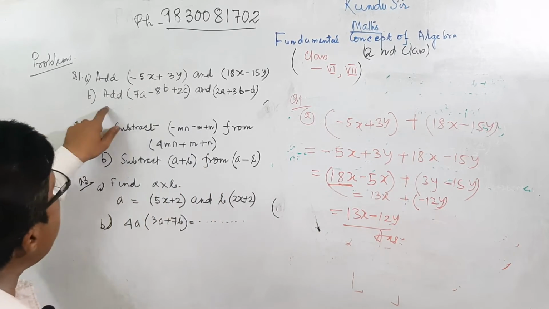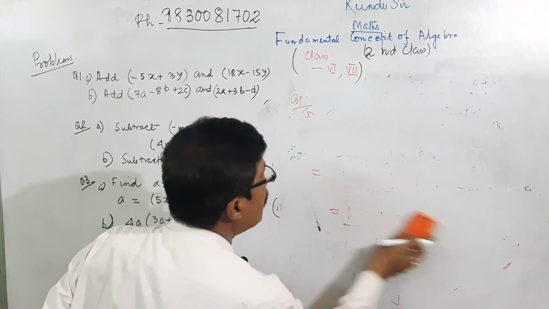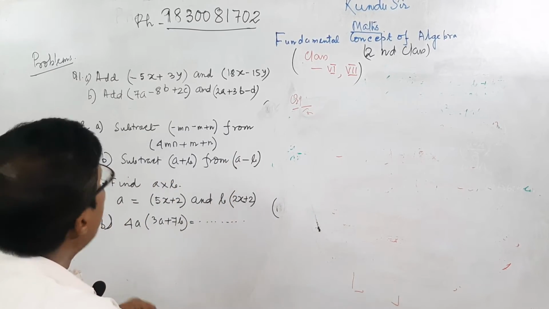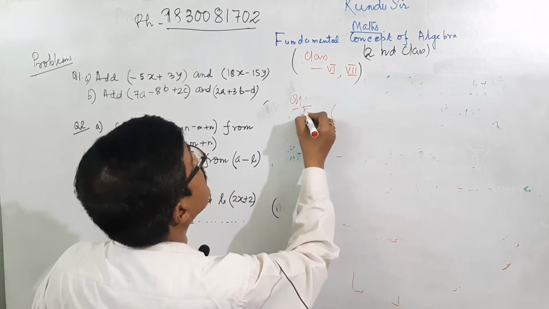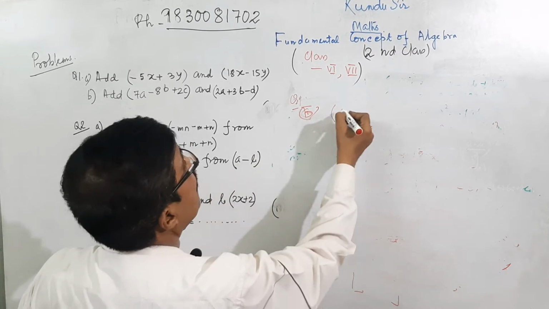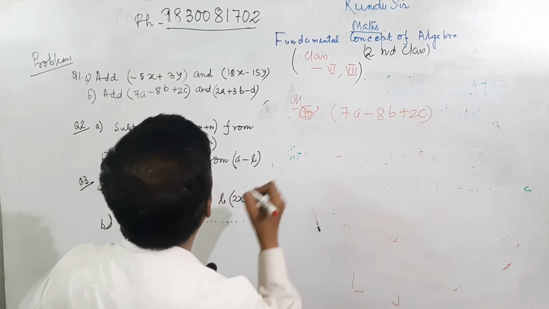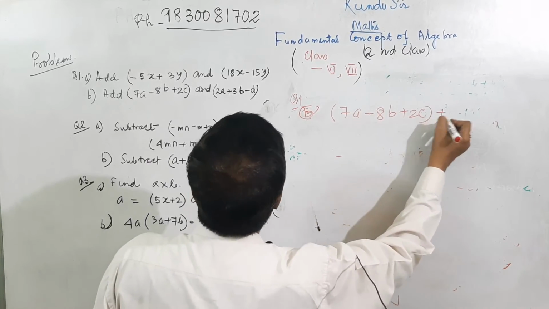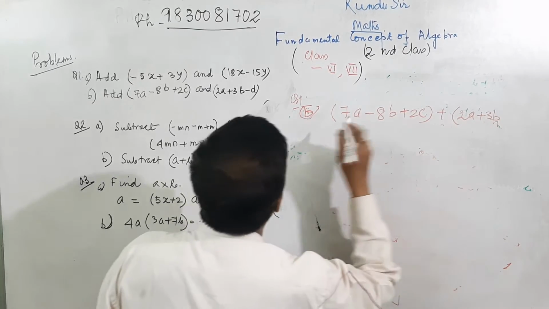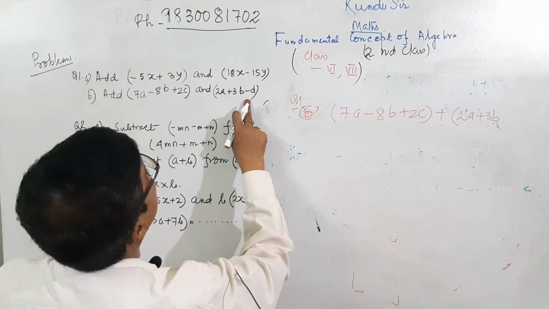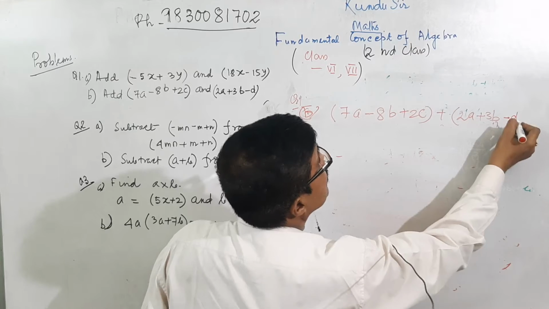Now I am going to add this and this. Then problem B. What is problem B here? Question 1b: add 7a minus 8b plus 2c, plus 2a plus 3b minus d.